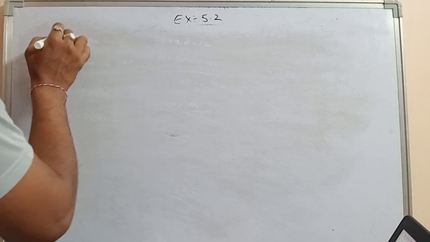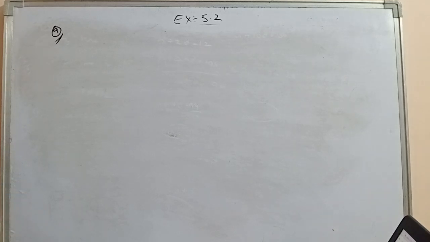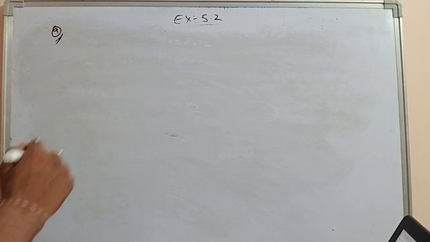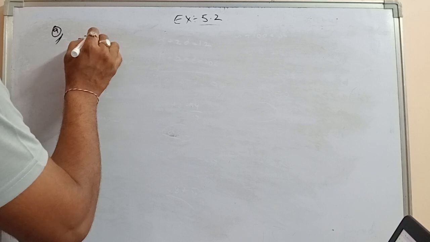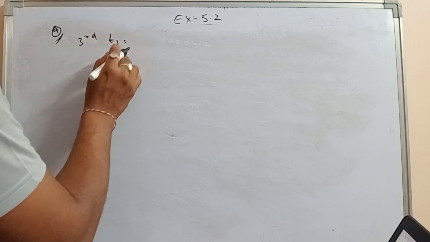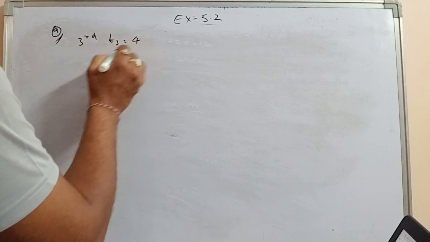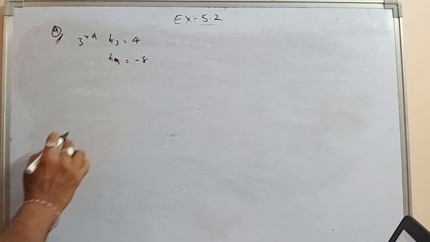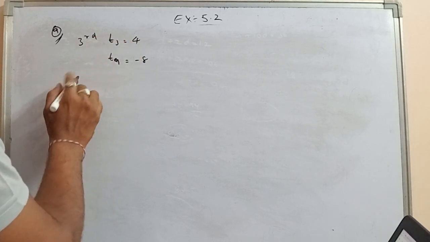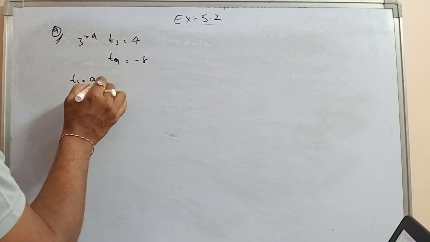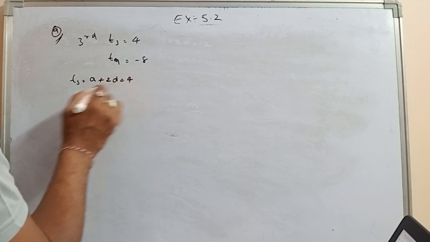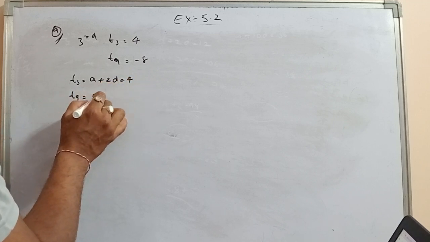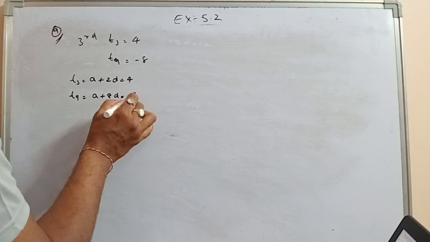By understanding the given question, the third term and the ninth term are given. T3 equals 4 and T9 equals minus 8. So T3 equals a plus 2d equals 4, and T9 equals a plus 8d equals minus 8.